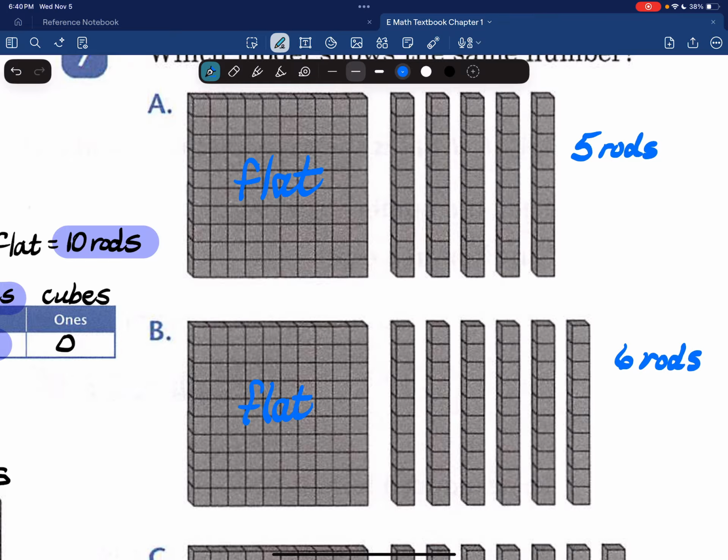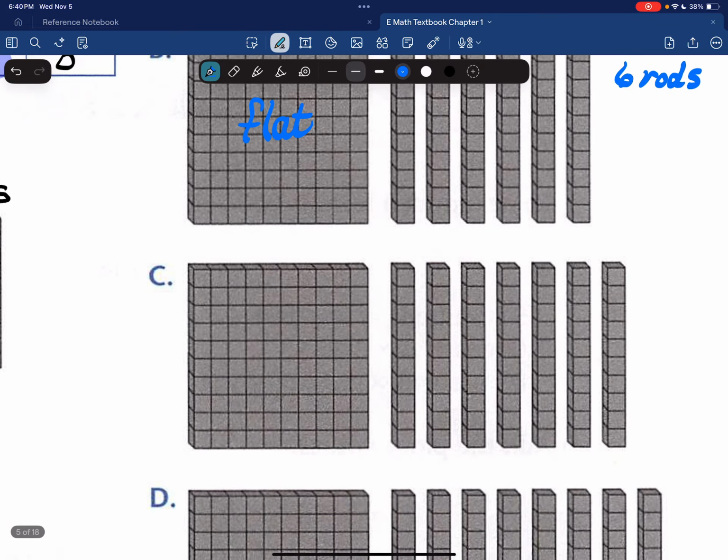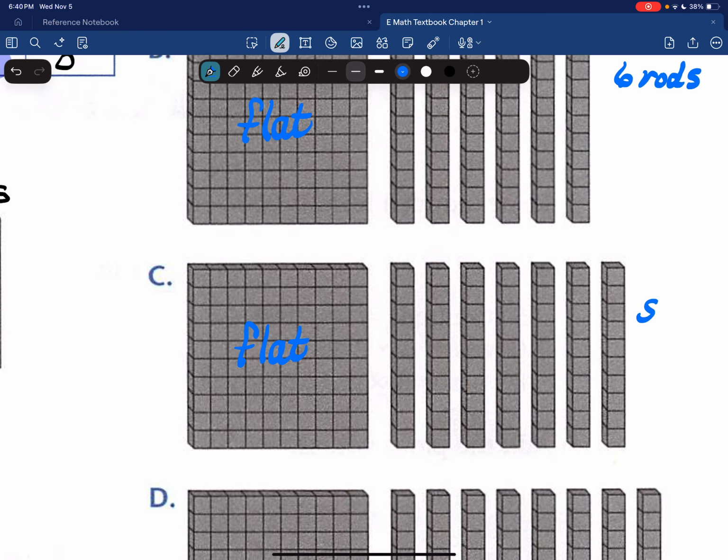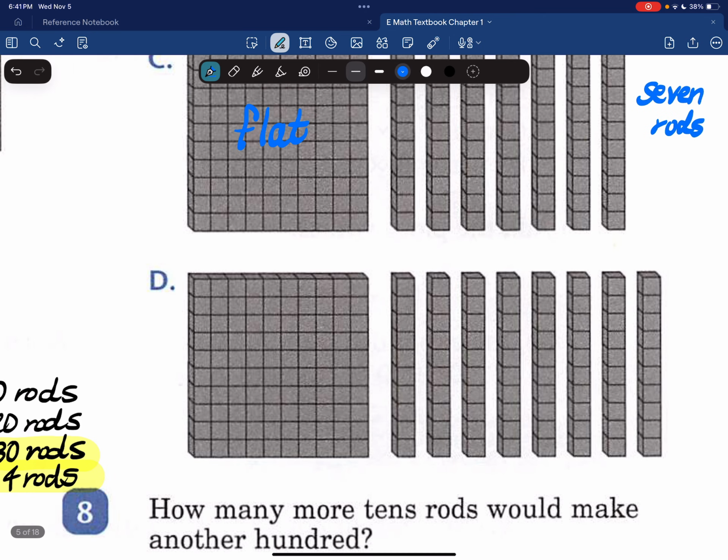We need 7. Here I have a flat. 1, 2, 3, 4, 5, 6, 7 rods. There's my answer. But let's go ahead and look at D, where we have a flat and 1, 2, 3, 4, 5, 6, 7, 8 rods.